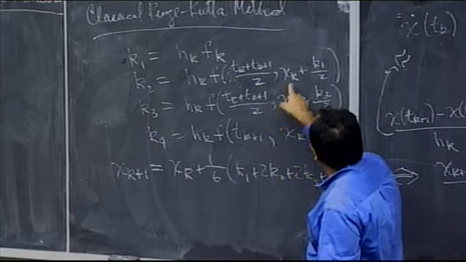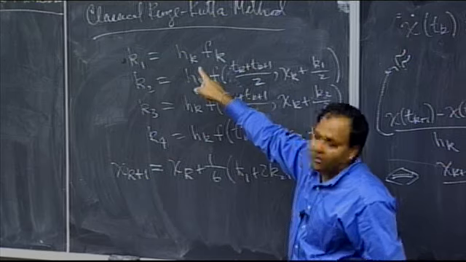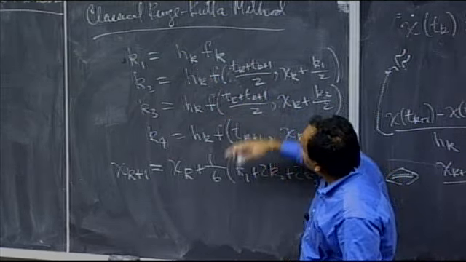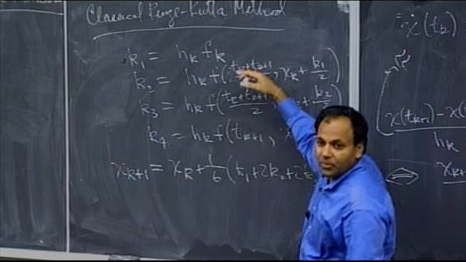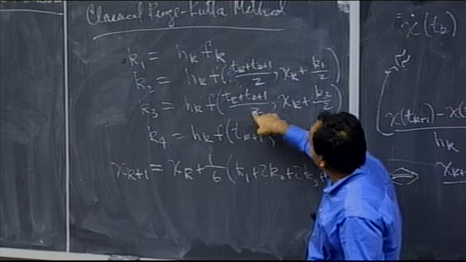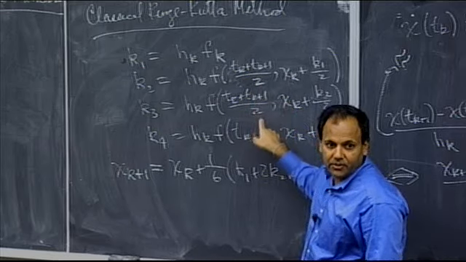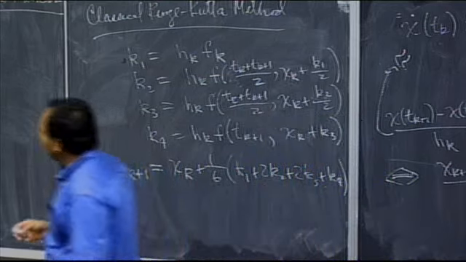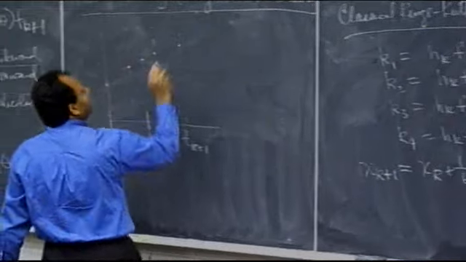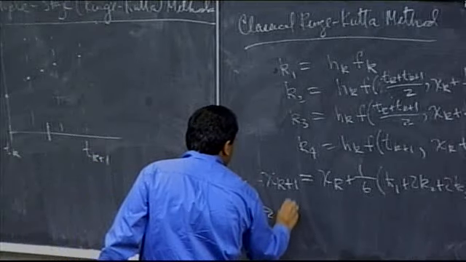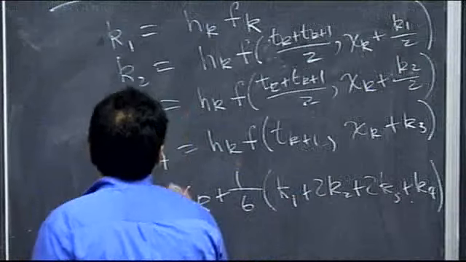I know xk, and I also know k1, because I just computed it. So this is staging, because in order to get the next stage, I have to compute the value from the previous stage. I can't do this one before I do this one. I have to do this one first, then this one, and then this one, and then I average them out. And you can see that this method has fourth order accuracy. It's also called the classical fourth order Runge-Kutta.